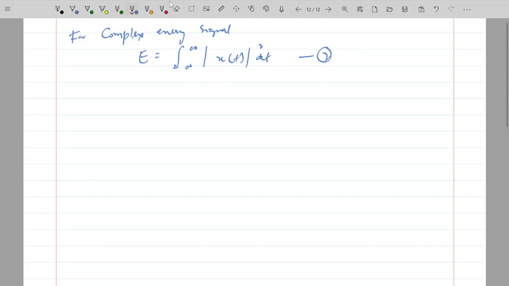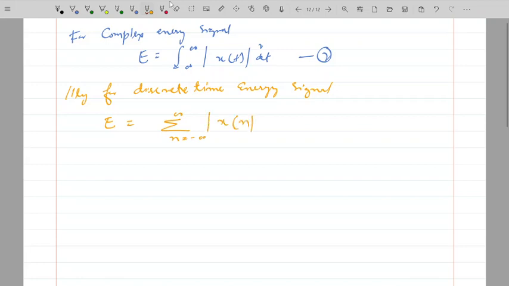So for the discrete time energy signal, E of n, or simply E, will be the summation for n equal to minus infinity to infinity of the magnitude of x of n, whole square.